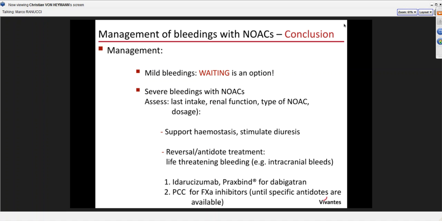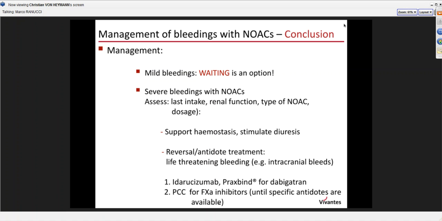Perfect. So we have another question now that is indirectly related to the topic of your presentation. Basically, this participant is asking you, do we have any data about the possible use of andexanet alfa if we have an emergency cardiac surgery patient who is under low molecular weight heparin?